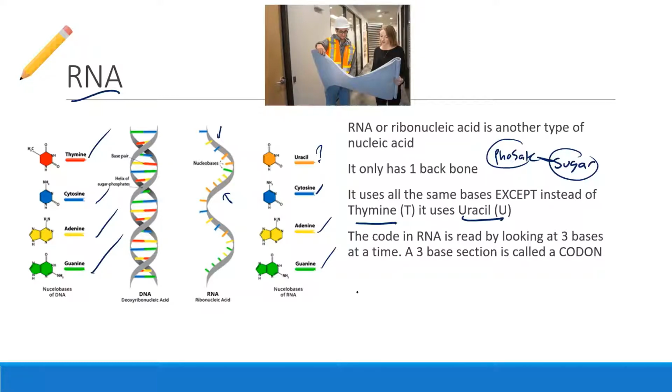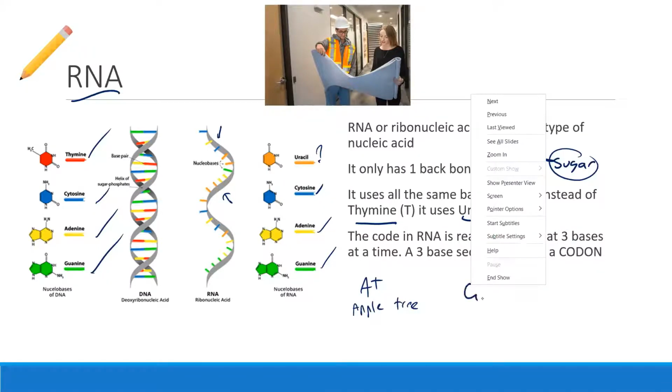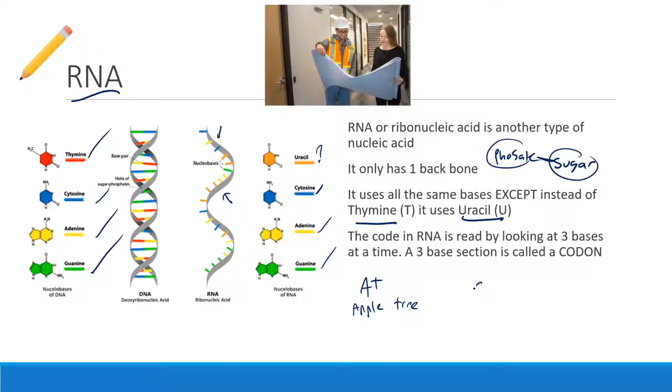If you remember that AT means apple, tree, and GC or CG means car, garage, you might just want to change one of them to be, you know, under the tree. That's why we call it UT. Or you might have a different way that you remember it. It's just a new base.